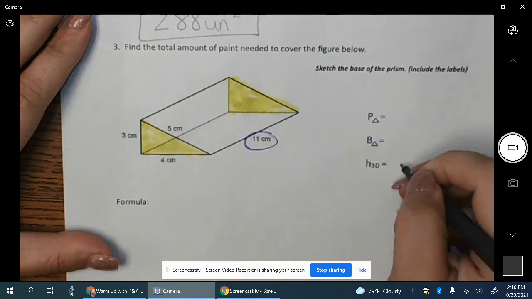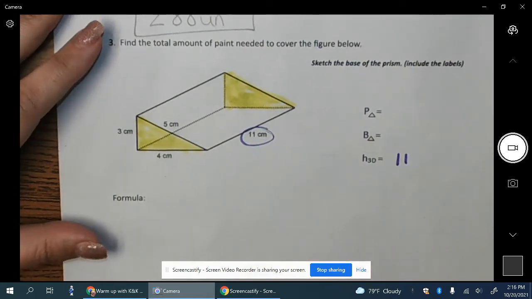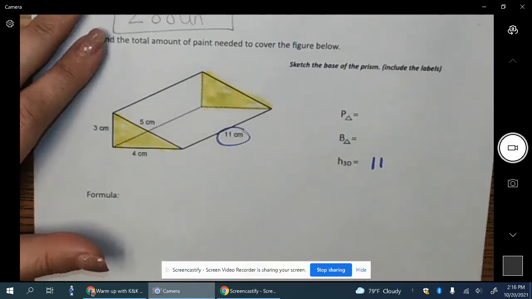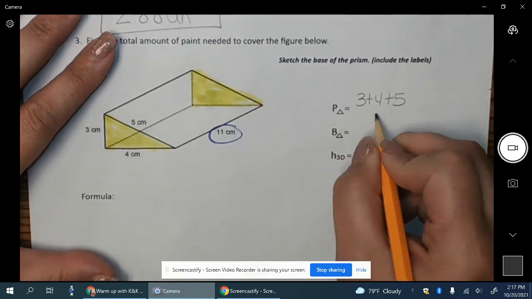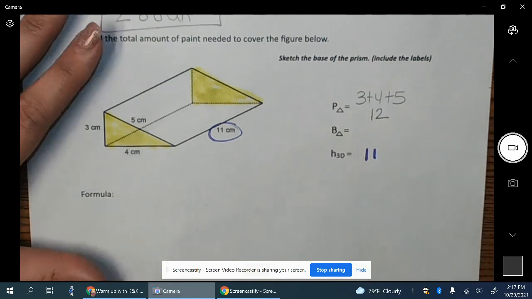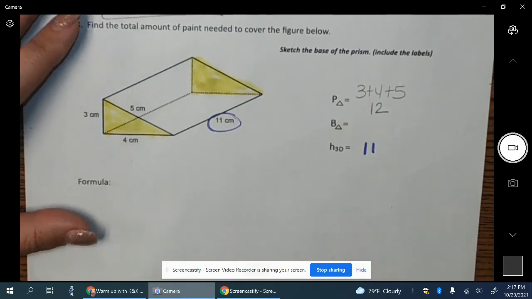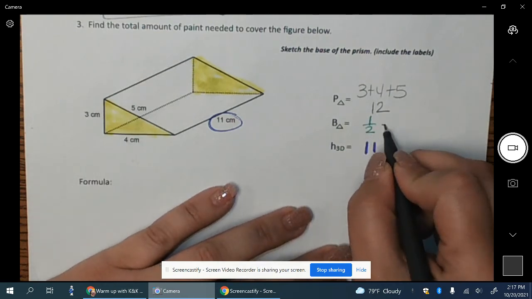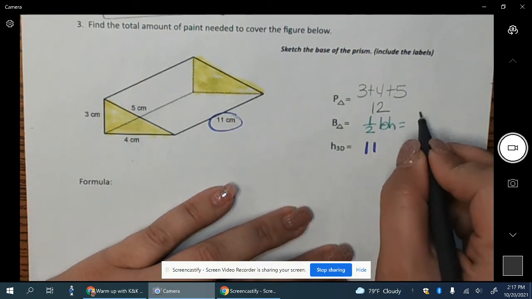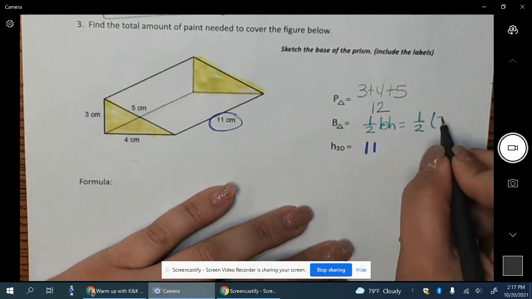What's the height? 11. Okay. For the perimeter, what numbers do I add? 3 plus 4 plus 5 is 12. Okay. Big B, what's the formula? 1/2 BH. Now be careful to see which numbers make up the right angle. 3 and 4.